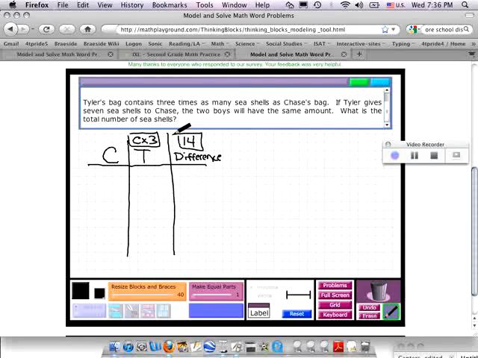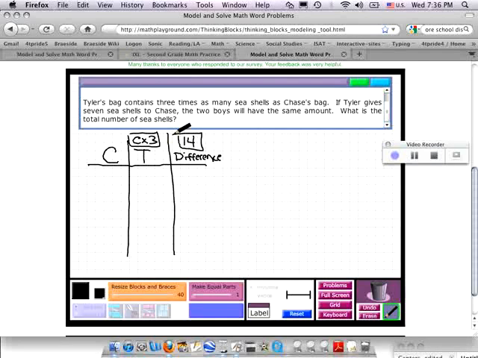Because if Tyler has 14 more, when he gives 7 to Chase, he's going to have 7 less, and Chase will have 7 more. So that means he must start with 14 more so that they wind up even. Because if he just had 7 more and he gave 7 away, then Tyler's total would go down 7 and Chase's total would go up 7, and they wouldn't wind up having the same amount.